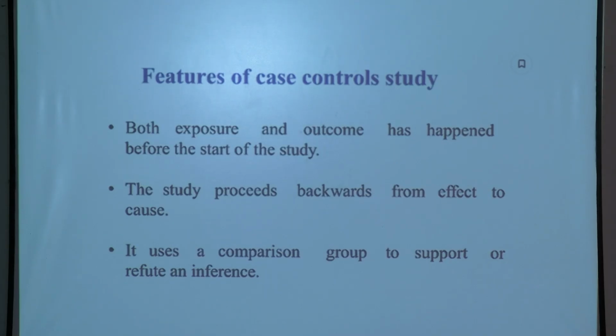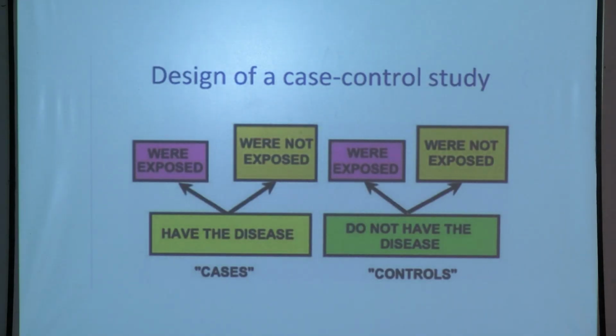So we are using a comparison group to support or refute an inference. It moves backwards, from effect to cause. In the design of a case control study, cases have the disease, and were exposed or not exposed. Controls do not have the disease, and were exposed or not exposed.